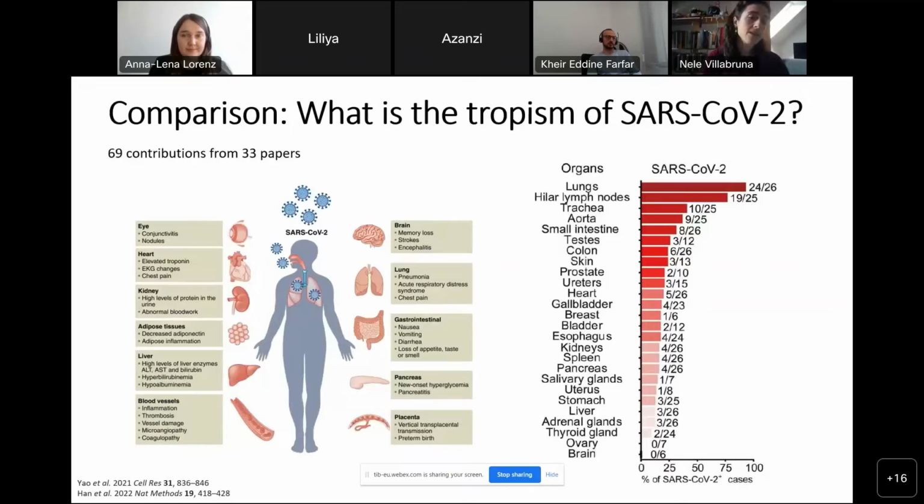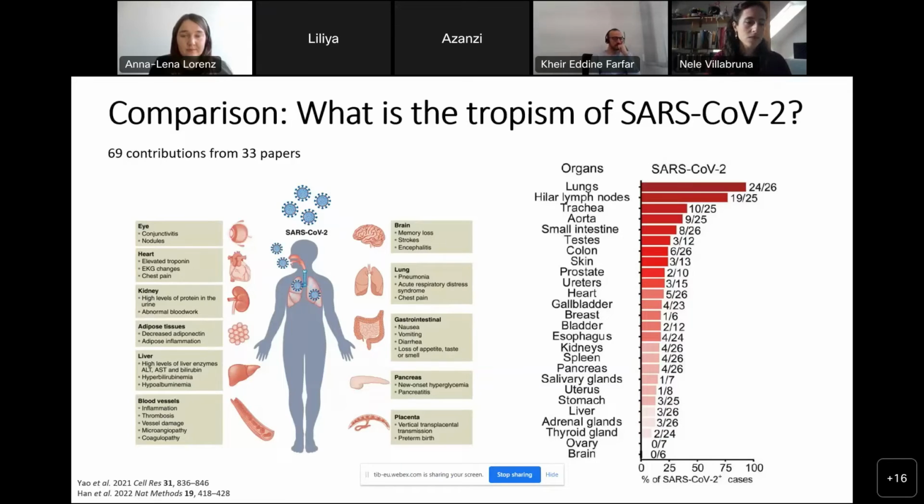For this comparison, I did 69 contributions from 33 papers. And as I already said, for SARS-CoV-2, of course, we think of the lungs as being the most common target. But because now we have about 3 years of studying this virus, and we have a lot of infected patients, we have also seen that a lot of other organs are impacted and damaged.